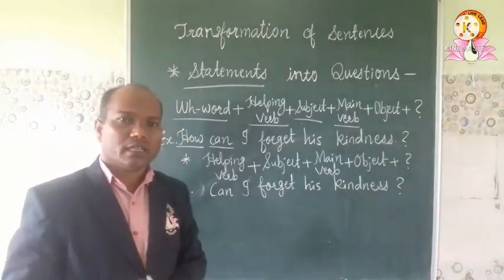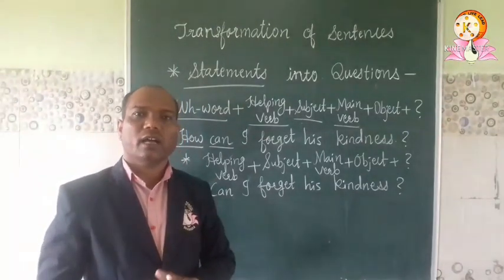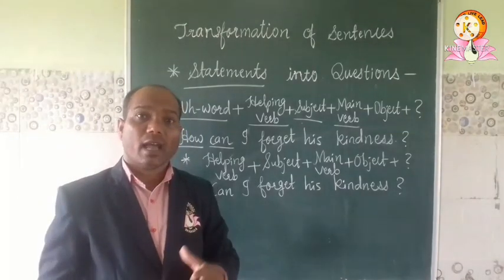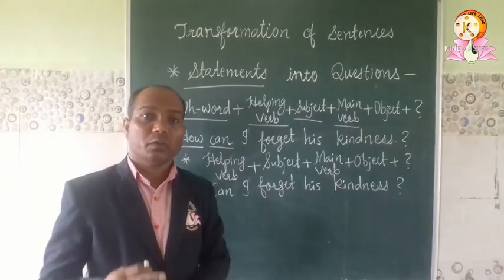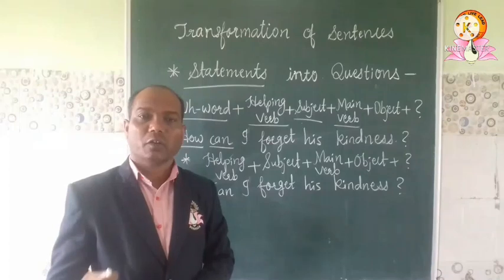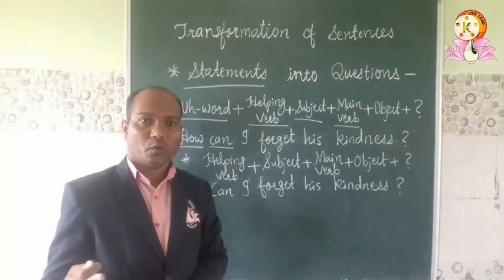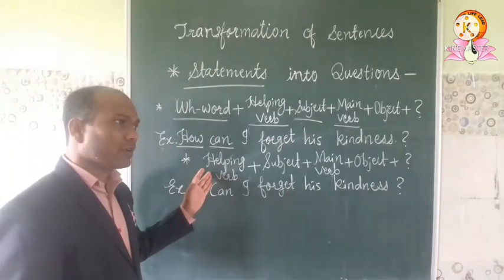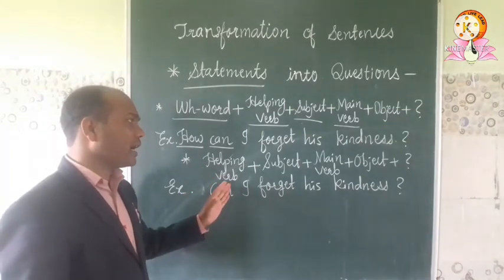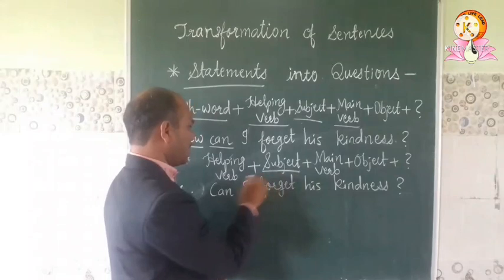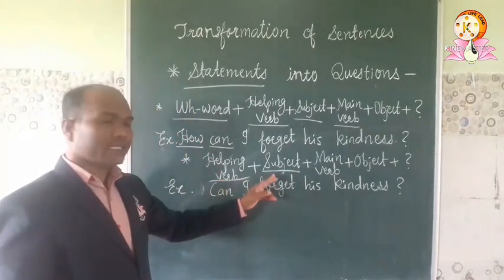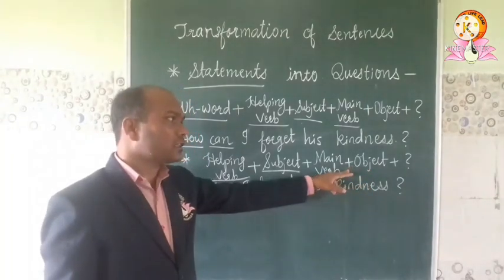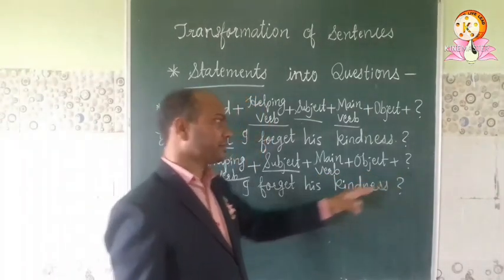So, according to the subject, we can use the helping verb such as am, is, are, was, were, have, has, had, do, does, did, can, could, may, might, will, would, shall, should, etc. So such auxiliary verbs or the helping verbs first we have to use, and after that subject. After using helping verb, subject, main verb, object, and this also ends with question mark.